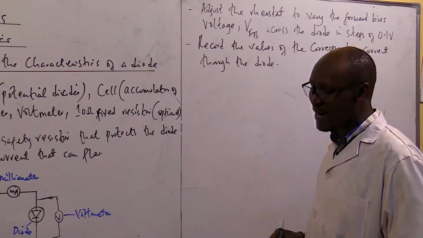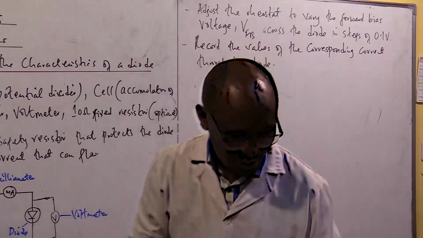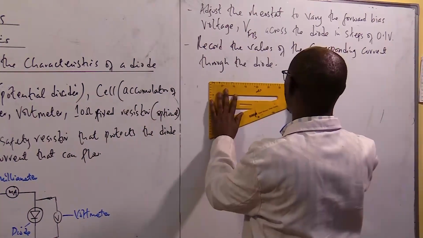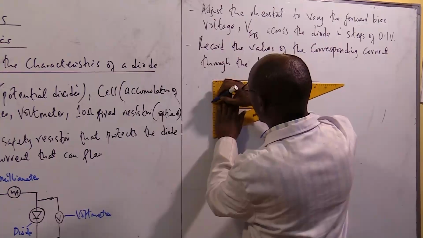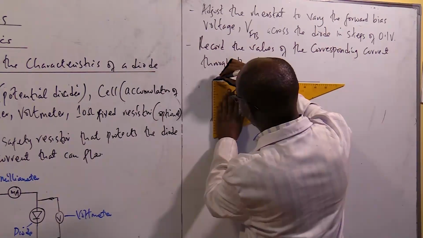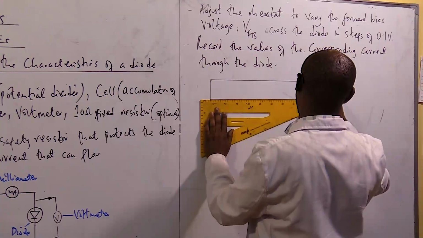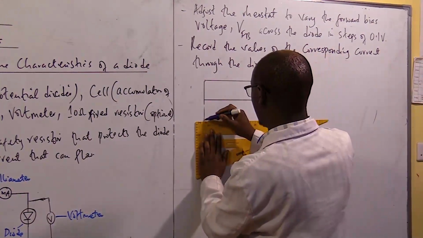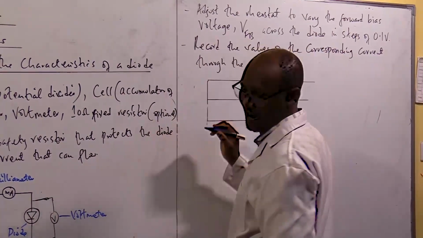And finally, after you do that, this one will give you a form of a table, so how you'll record that. So you have current.